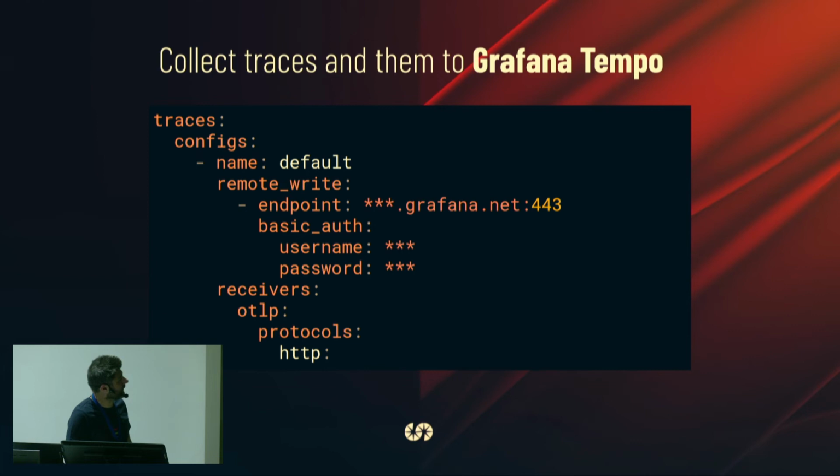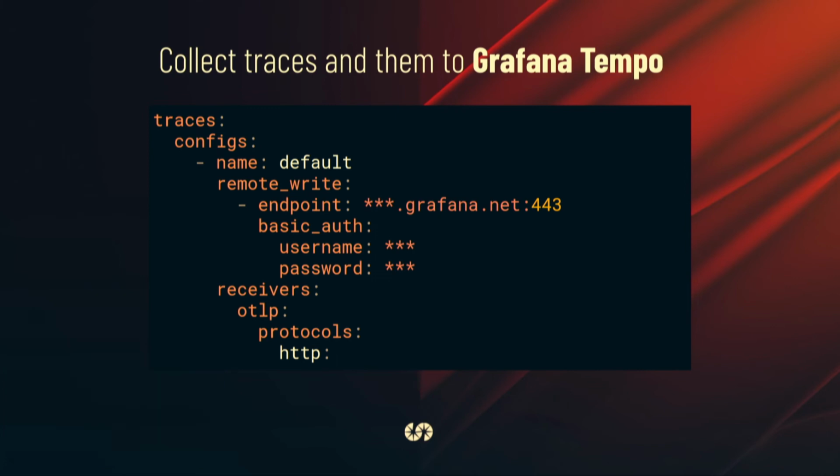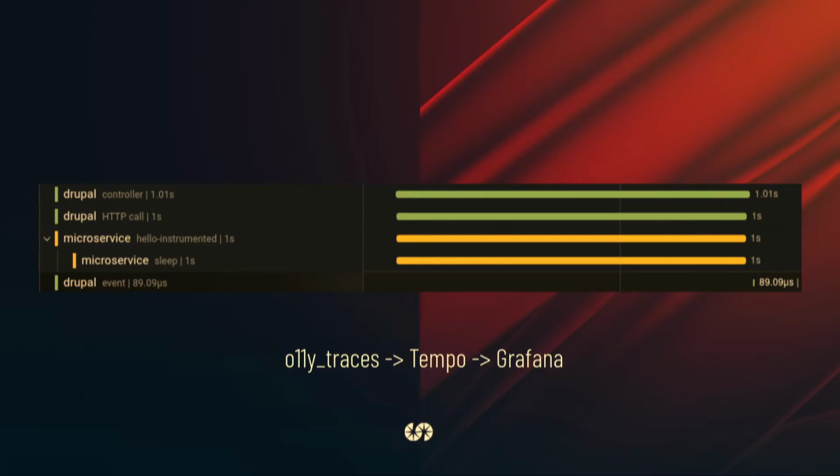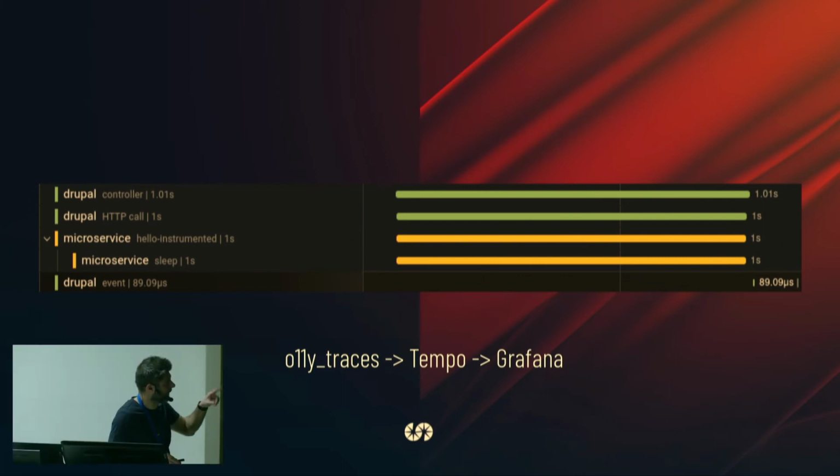We just need to use the HTTP protocol to send to OpenTelemetry, and then the endpoint of the Grafana Cloud where the traces are sent. And what we have on Grafana, this is just an extraction of all the trace.